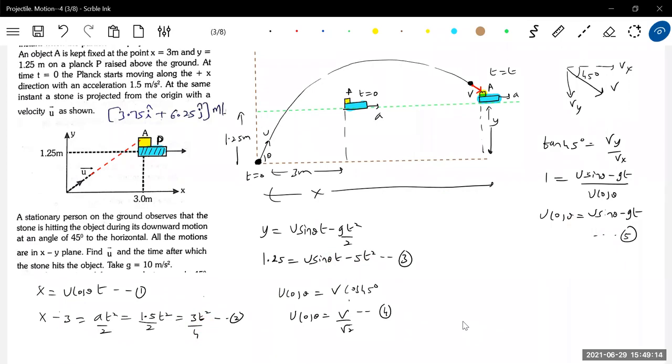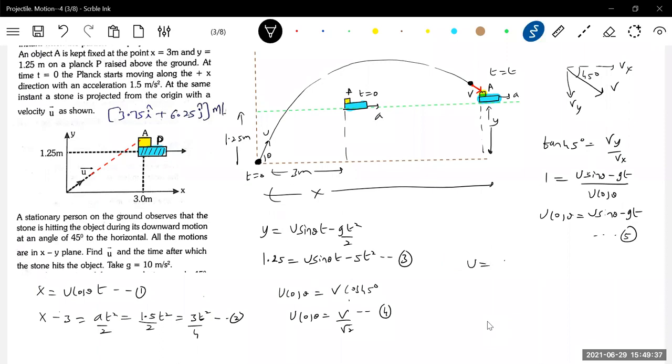Not imaginary, not possible. Check, sir. Root over 7 by 3. T, what happened? t is root over 7 by 3. Somebody should give the answer. I don't have it. Velocity, okay, correct. Yes, sir, velocity you're getting.